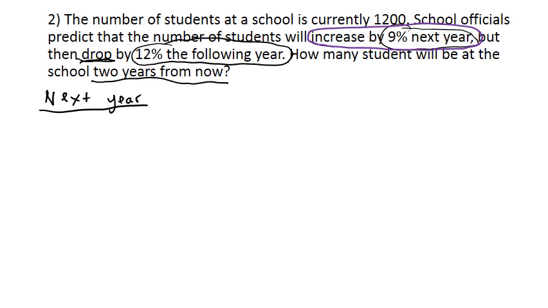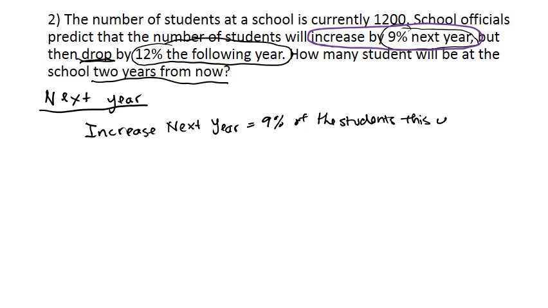And that means that the increase next year is equal to 9% of the students this year, right? Because it's going to increase by 9%. So that'd be 9% of how many students we have this year, which is 1,200.